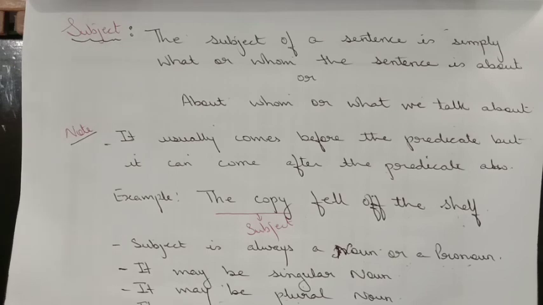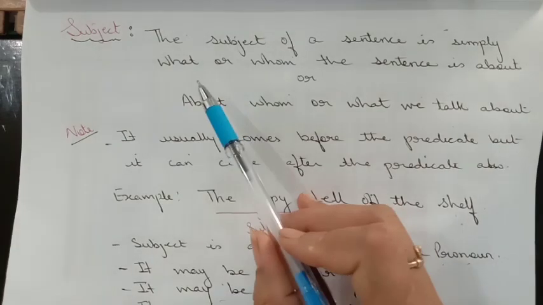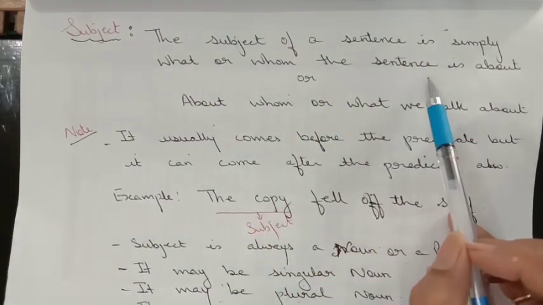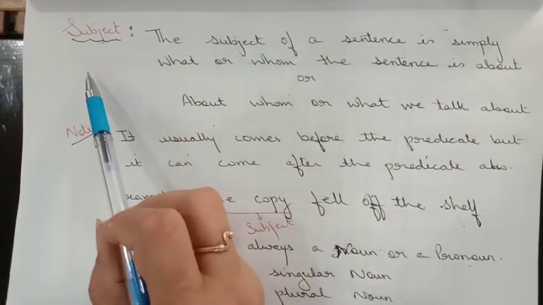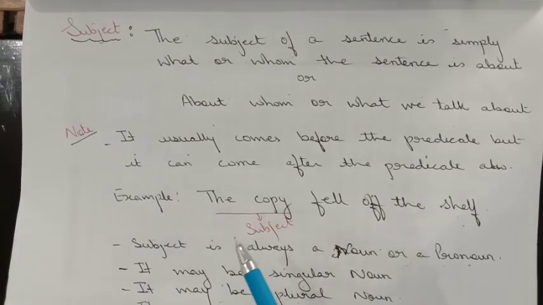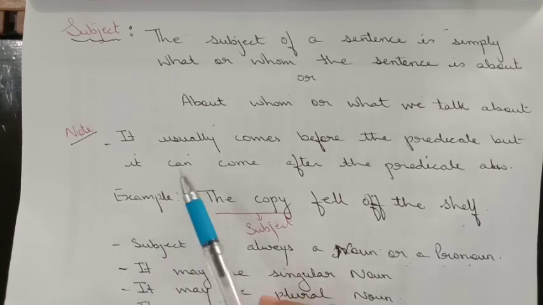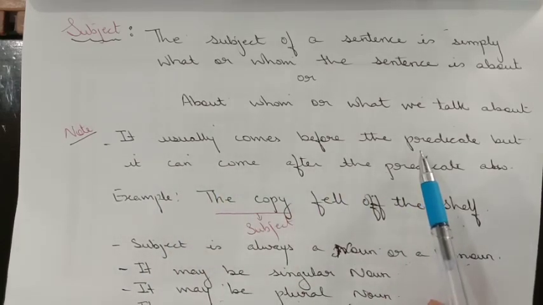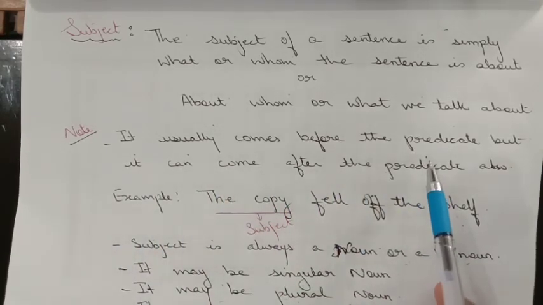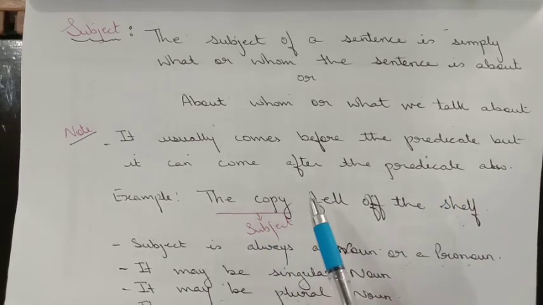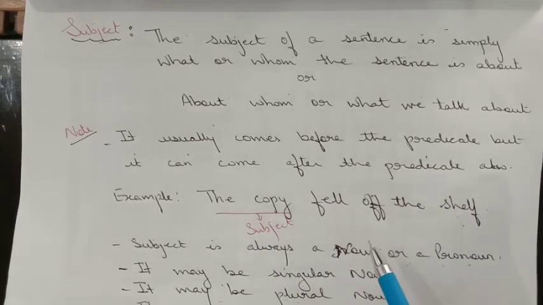What is the subject? The subject of a sentence is simply what or whom the sentence is about. Kindly note, it usually comes before the predicate, but it can come after the predicate also.